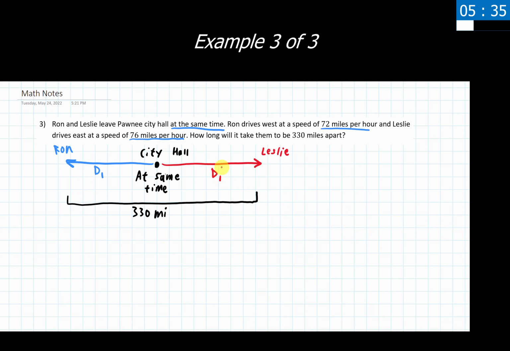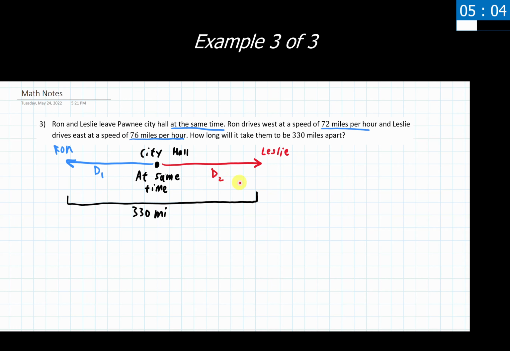Now again, the picture that I drew, make this a D sub 2, the picture that I drew has City Hall in the middle, and I did that only for the sake of making it simple to draw this thing out. Again, when we get into the details of this problem, we are not given anything that says that these two distances are the same, they're different, they're this much different or bigger, smaller than the other. We have no idea about any specifics with these distances.